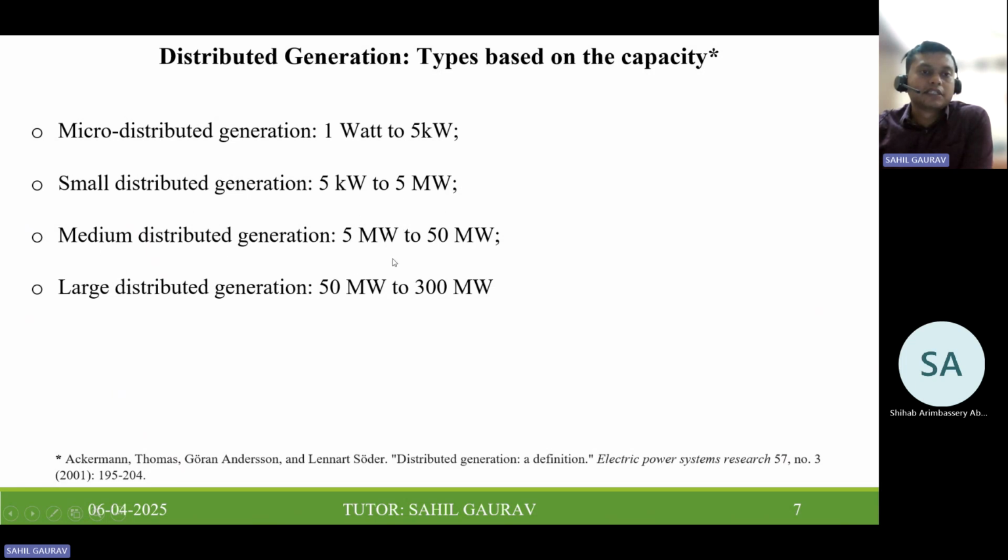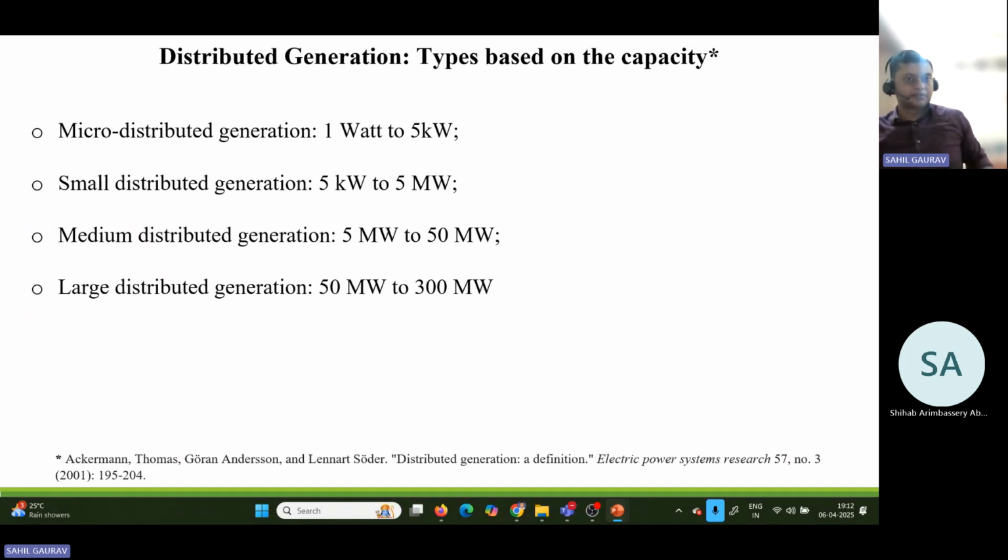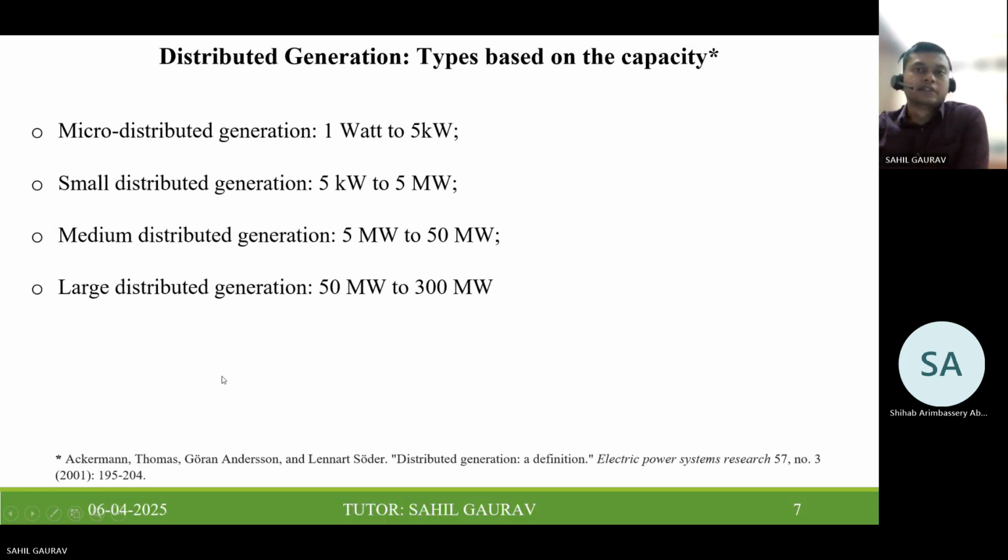In medium distributed generation, the range is 5 megawatt to 50 megawatt, and in large distributed generation, it is 50 megawatt to 300 megawatt. So based on the capacity, DG can be of micro type, small DG type, medium DG type, and large DG type.